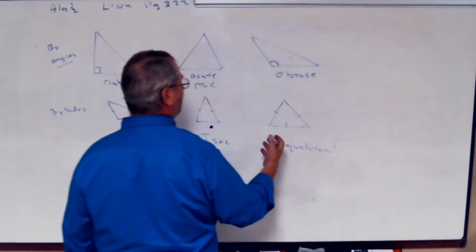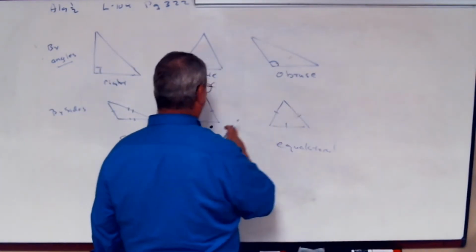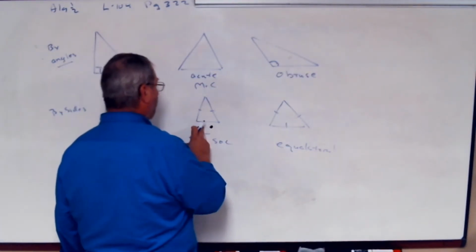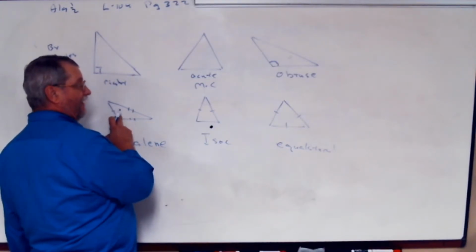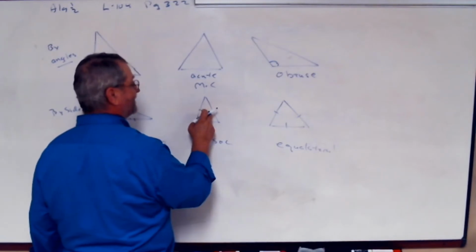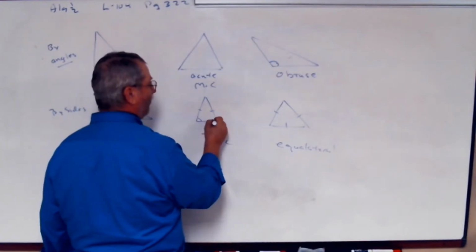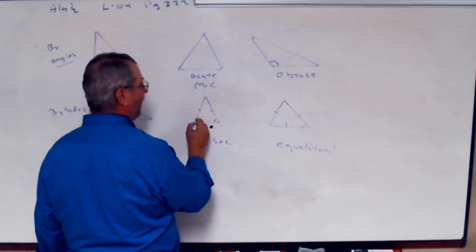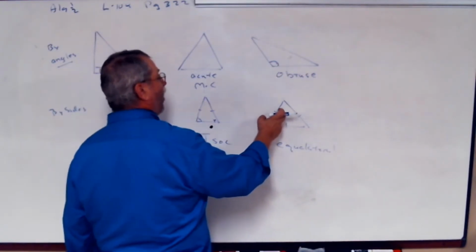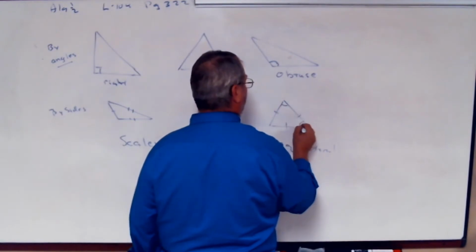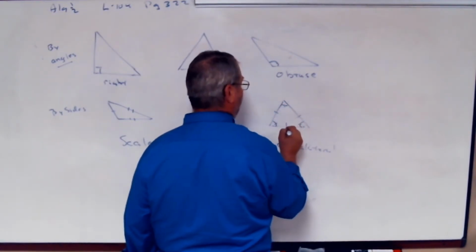Now, just thinking about this, let's go back to here. If all the sides are different lengths, all the angles are different. Here, if two sides are the same, then these two are called the base angles. These two angles are the same. If all three sides are the same, then all three angles are the same.